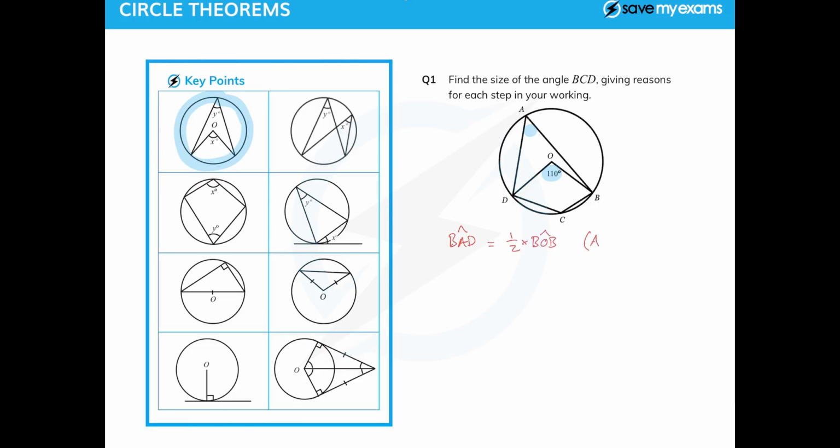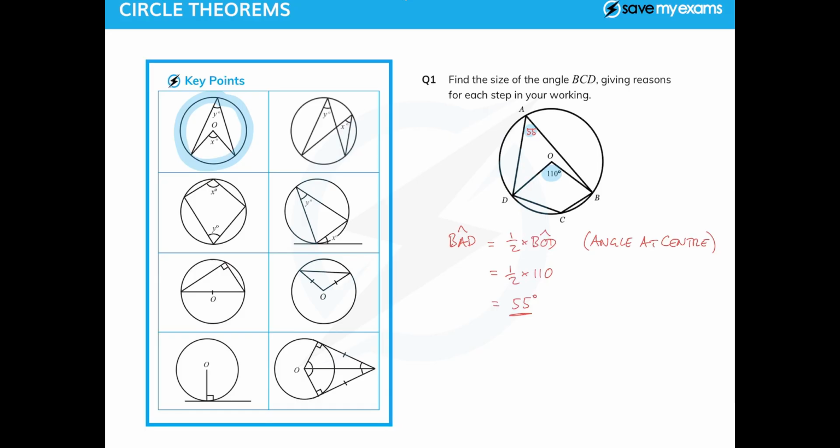And I do need to give a reason, and the reason angle at centre is fine, because although it should say angle at centre is twice the angle at the circumference, I have shown that I know that's the case with this half here. So a half of BOD is a half of 110, which is 55 degrees. So I found that angle there.